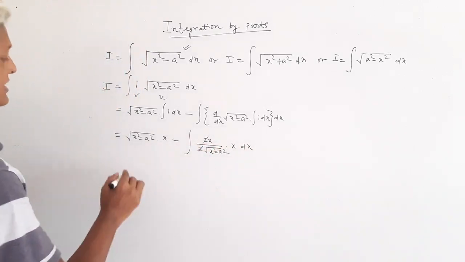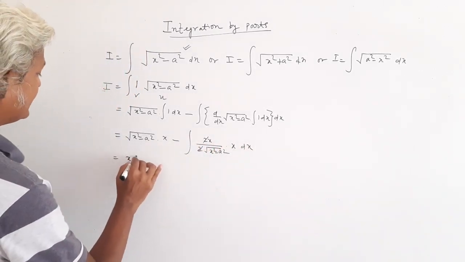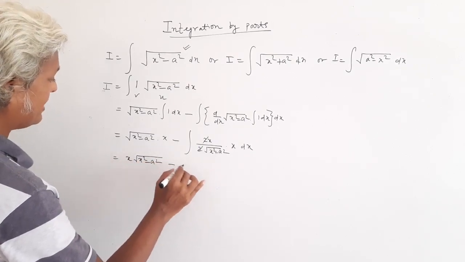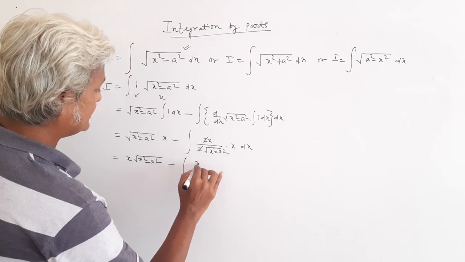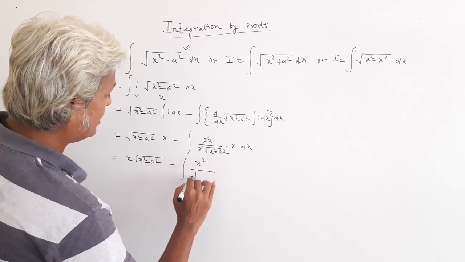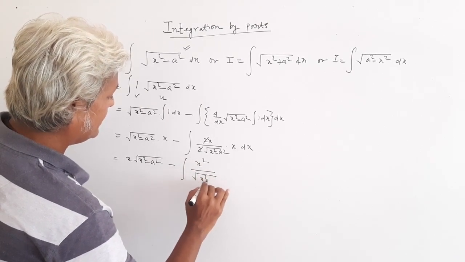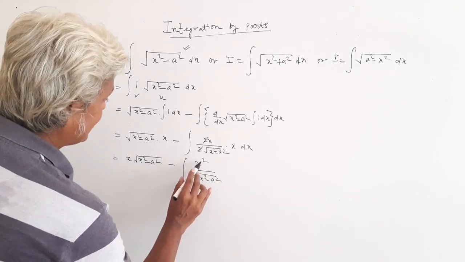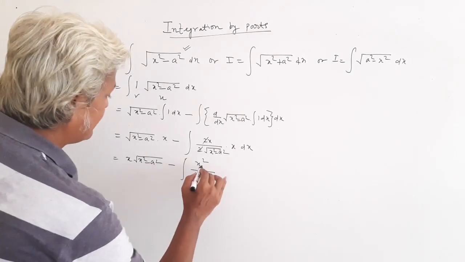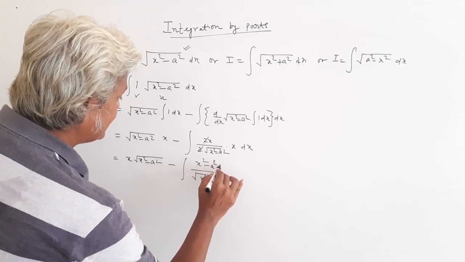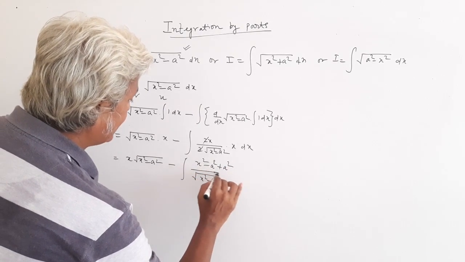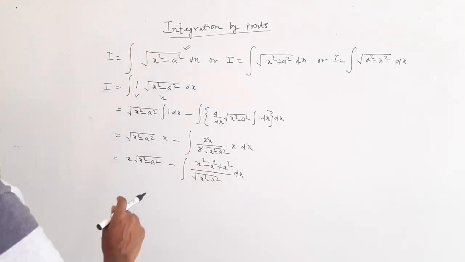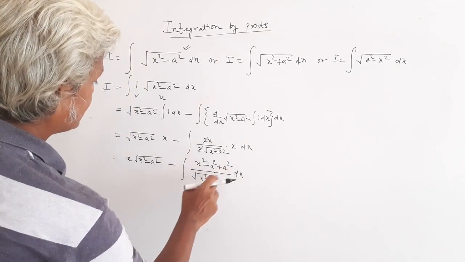So again you get here the form x under root x square minus a square minus x square over under root x square minus a square. Now what we'll do, you see this is x square, this is x square minus a square. So subtract a square and add a square like this. Then this term will break down into two terms. One is this over this, another is this over this.